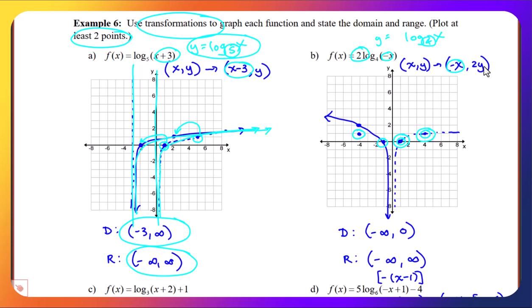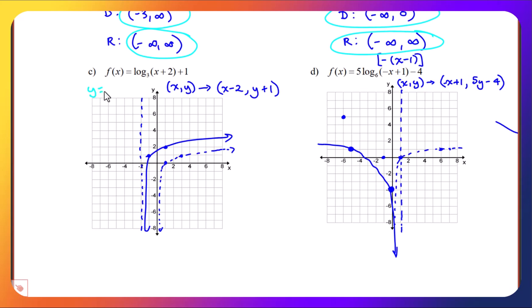I take the y values and double them, so this y value of 0 stays 0, but this y value of 1 becomes 2, and so our graph stretches a little bit up and down, but it still has x equals 0 as the vertical asymptote because we just flipped it over the y-axis. So domain from left to right, -infinity to almost 0, and then bottom to top, it goes from -infinity to infinity.